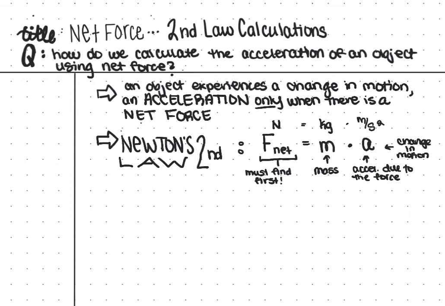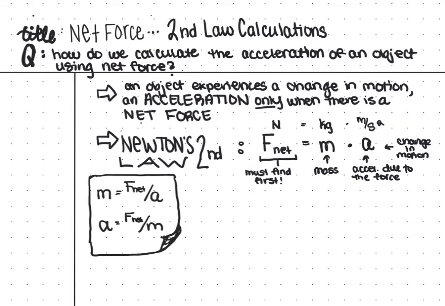We have a 3-part formula, F equals m times a, which means we could also use this same equation to solve for mass in terms of force and acceleration, or acceleration in terms of force and mass. So mass would be equal to force net divided by the acceleration, and acceleration would be equal to the net force divided by the mass.